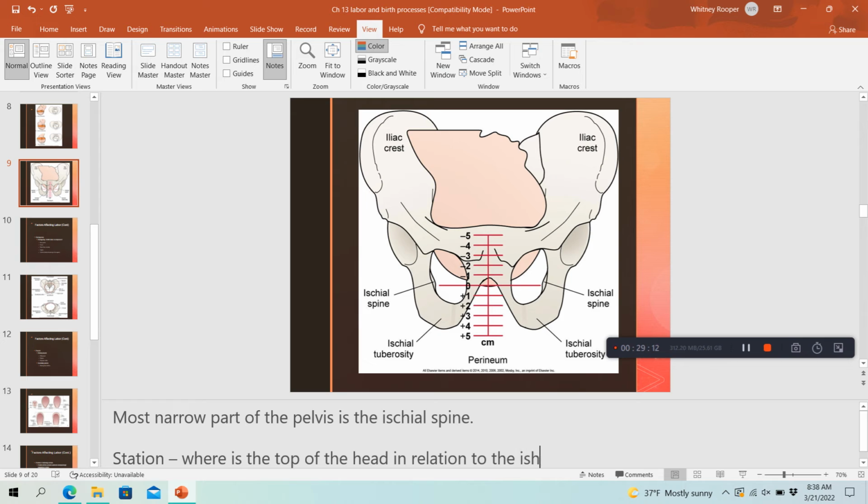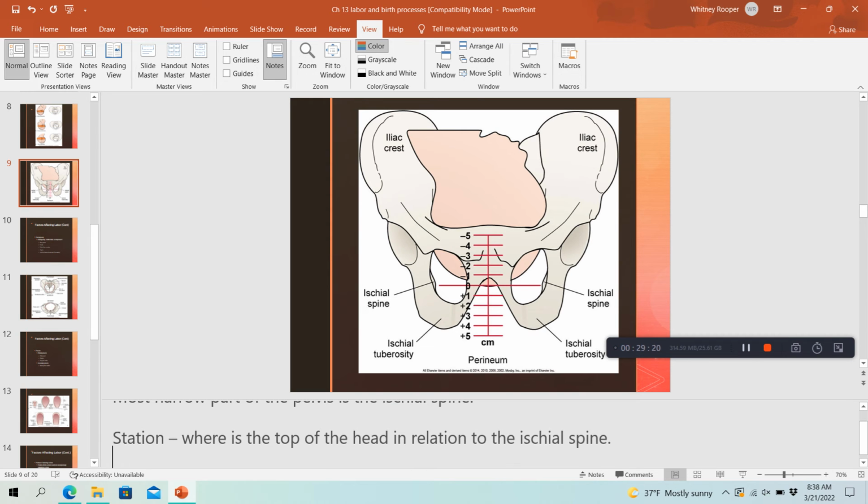Once it passes zero station, the odds are getting better and better that the patient's going to be able to deliver the baby. So if you can't get the head to come below -1, you got a problem. And that means the head's above the ischial spine. So if the head's above that ischial spine, it's in minus territory. If the head is below the ischial spine, it's plus territory.